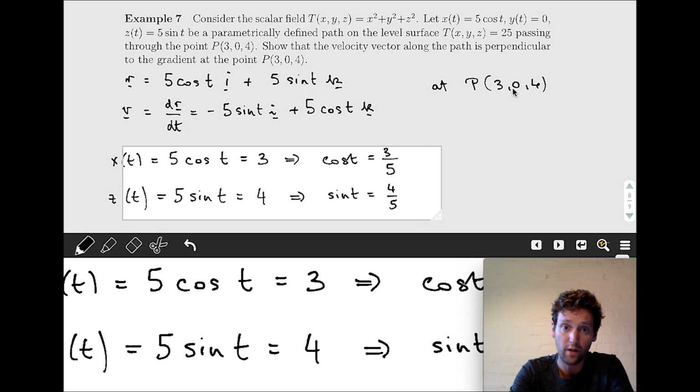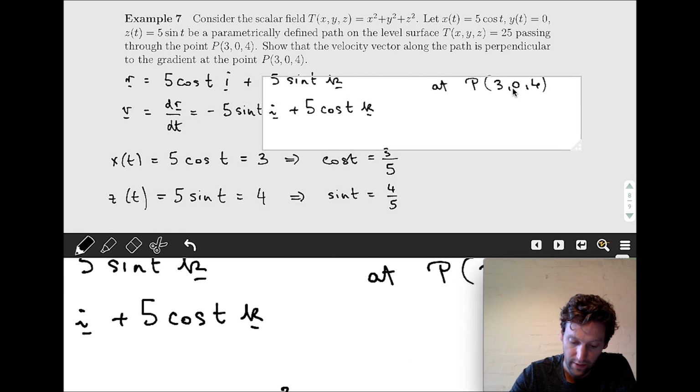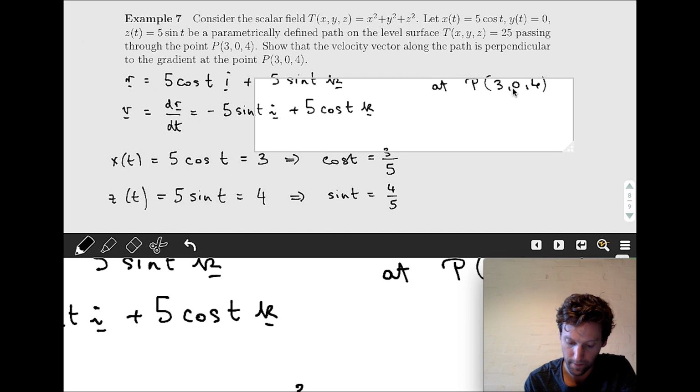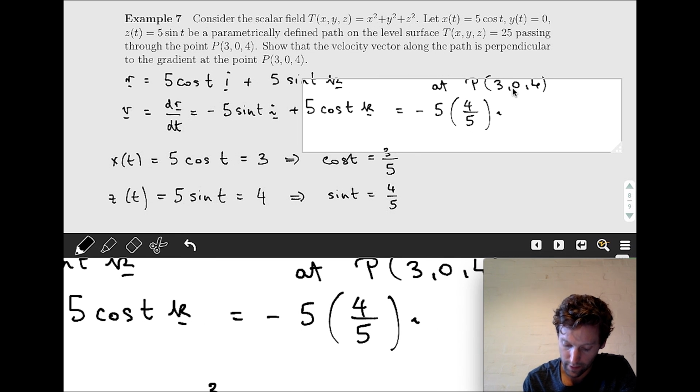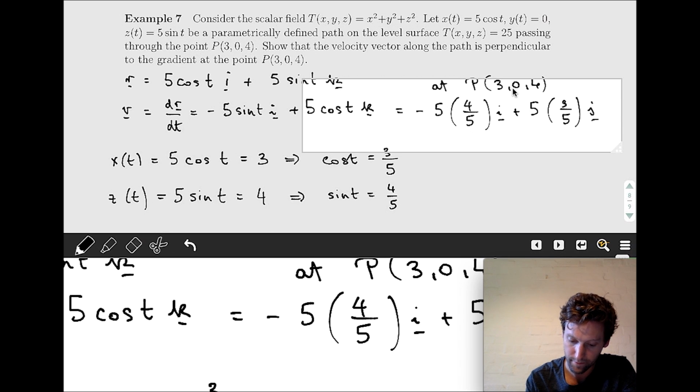Now I could try and solve that using a calculator to figure out what t is, but in fact all I really want are cosine and sine of t, because that's what the velocity vector is made up of. So the velocity vector is equal to minus 5 times the sine of t, and we've just shown that that's 4/5, i vector, plus 5 times the cosine of t, which is 3/5, k vector.